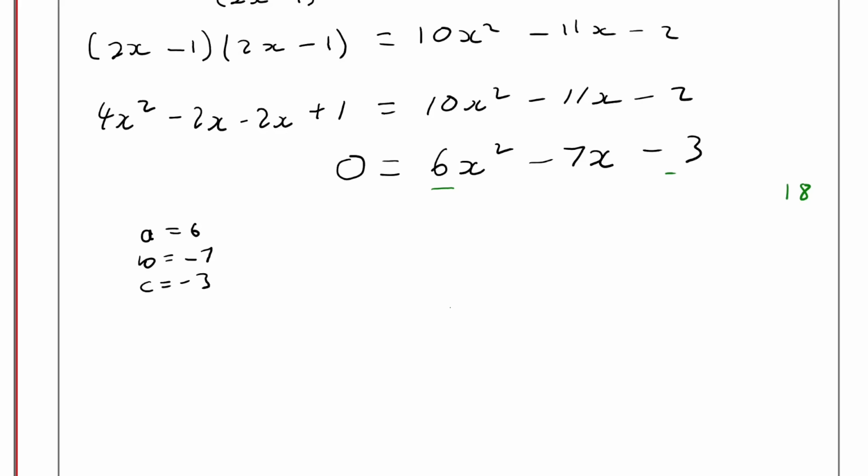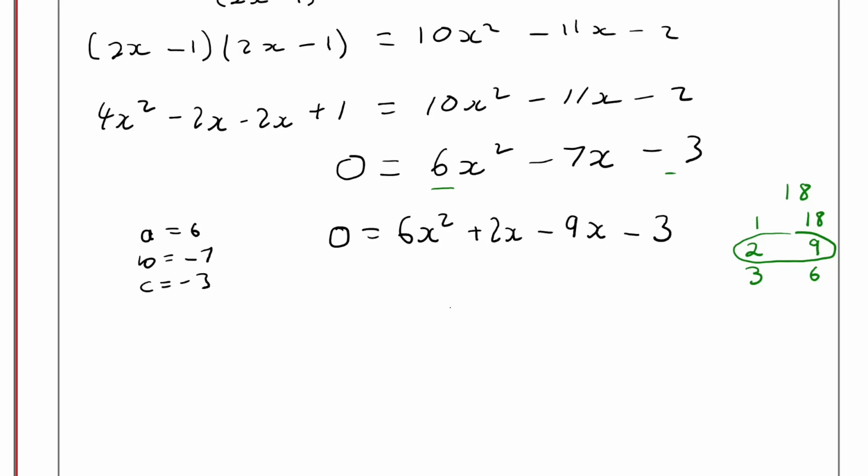What multiplies to give negative 18 and adds to give negative 7? That would be 2 and 9, and it will be plus 2 and negative 9. So I'm going to rewrite negative 7x as plus 2x, take away 9x. Then I'm going to put it into brackets.